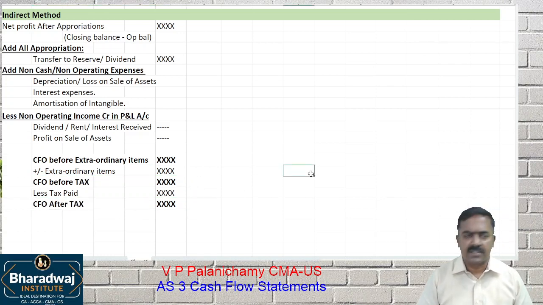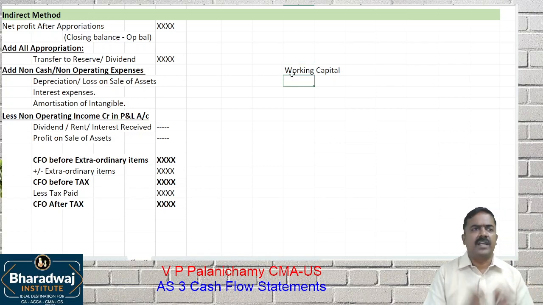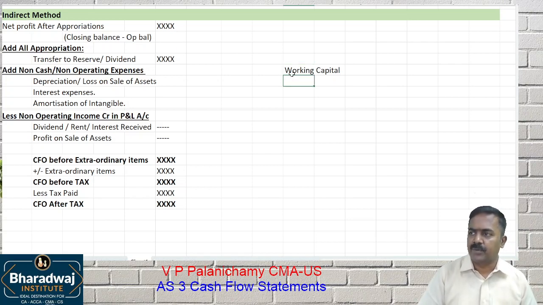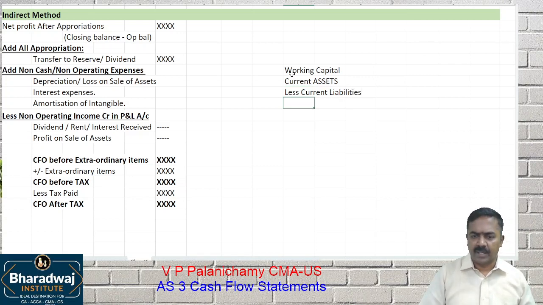Wait. Now, what do you mean by working capital? Money kept for day-to-day operations. Nothing but current assets less current liabilities, we call it working capital.